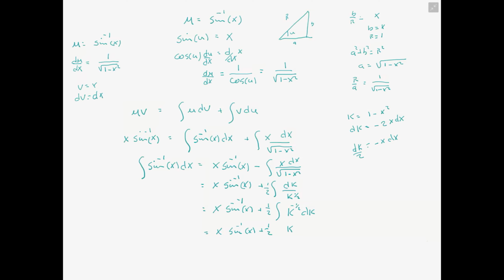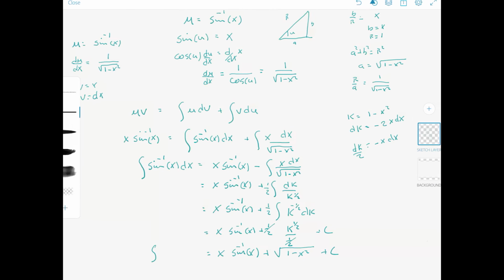Now we have k to the 1/2 on 1/2, so these cancel, and plus c, and this equals x arc sine of x plus k. Now k is 1 minus x squared, so we have the square root of 1 minus x squared plus c.